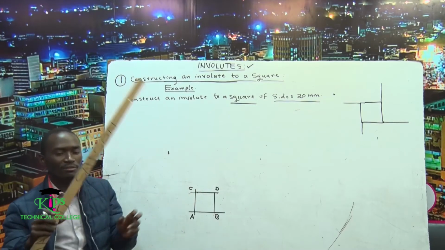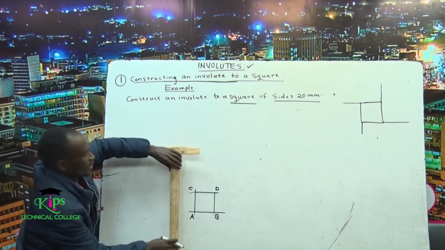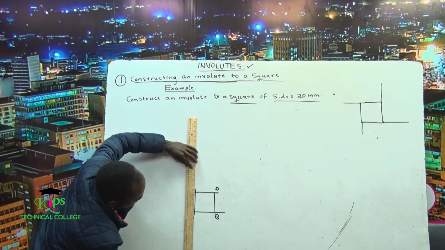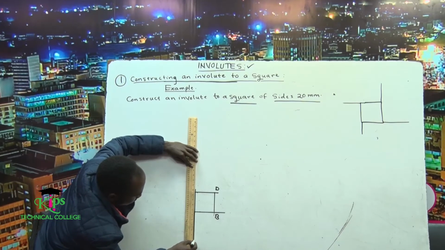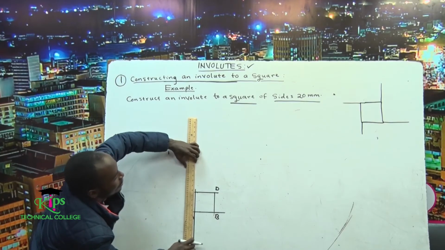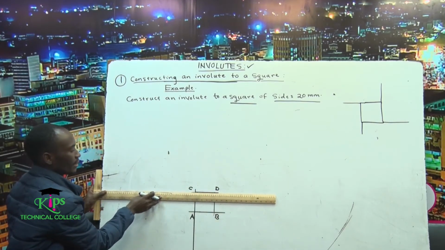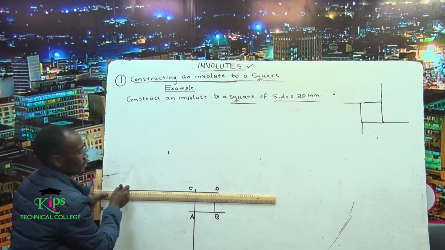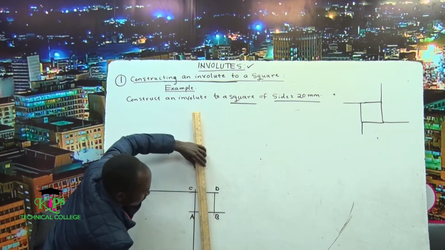So there are a number of lines that I should consider. So I will consider this line. I will extend this particular line, then I will extend also this line. Then after that, I will extend this other line.